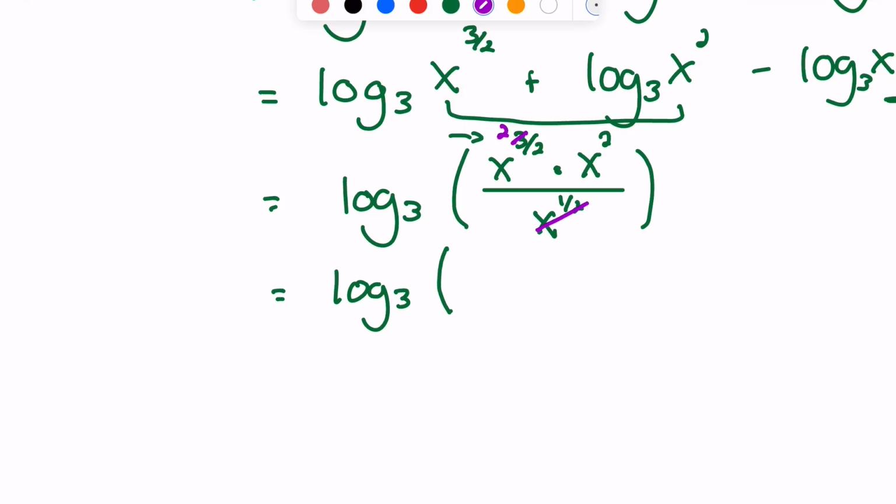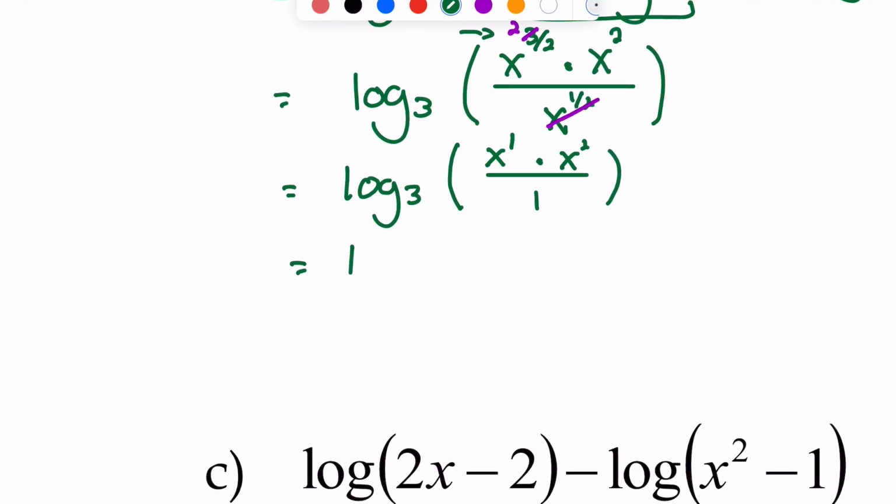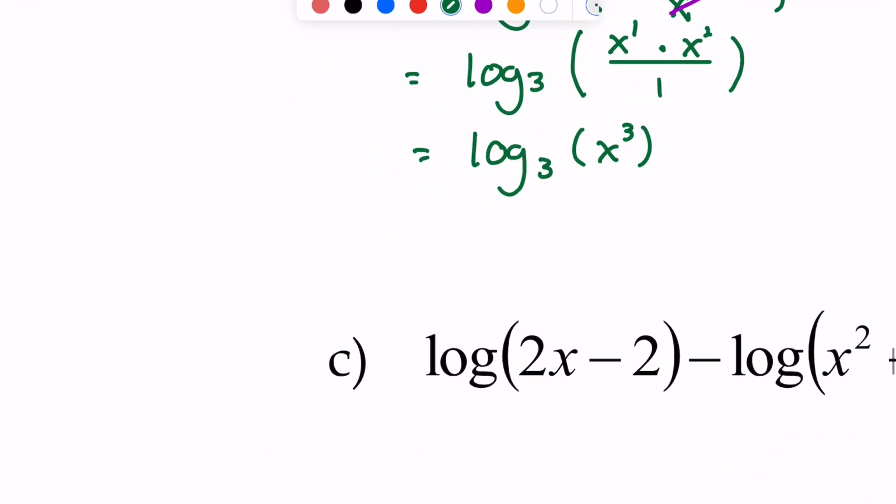So I will have x to the 2 over 2, which is the same thing as x to the 1, multiplying x squared. And then when that went away, that went to 1 technically. So this ends up just being log base 3 of x cubed. And then we can bring that 3 down in front using our power law. So that would be written as 3 log base 3 of x.